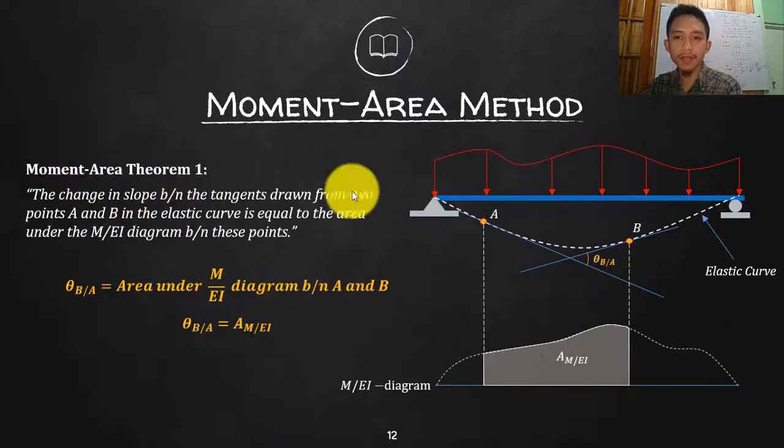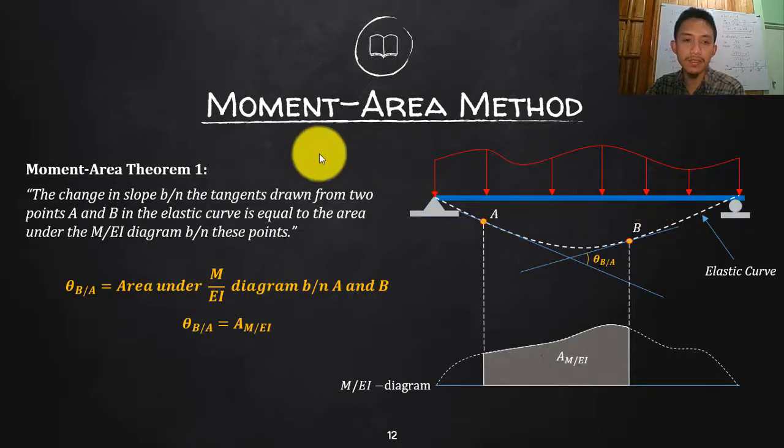Since there will be cases wherein the total length of the beam has different types of material, but that is seldom and not suggested. However, there will be cases wherein I is different, wherein the whole beam is not the same size or shape. Let's say, for example, this is a simply supported beam, but later on there will be a cantilever here.